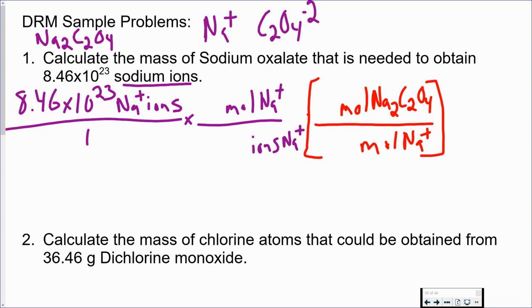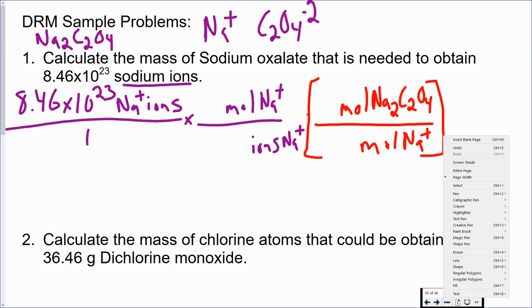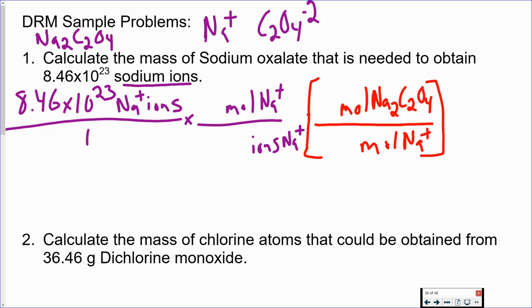Well, now we're in moles of sodium oxalate, so we can go directly to grams of sodium oxalate. So we're going to put the mass up top. This is going to be Na2C2O4 over mole of Na2C2O4.